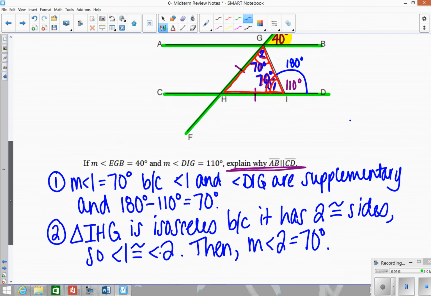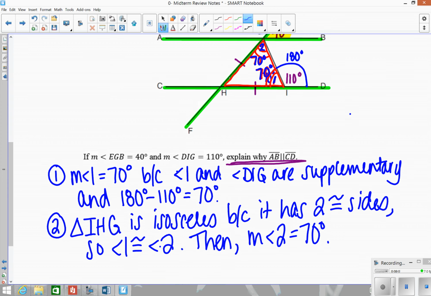So now I could figure out angle H, because I have a triangle and all 3 angles in a triangle have to add to 180.